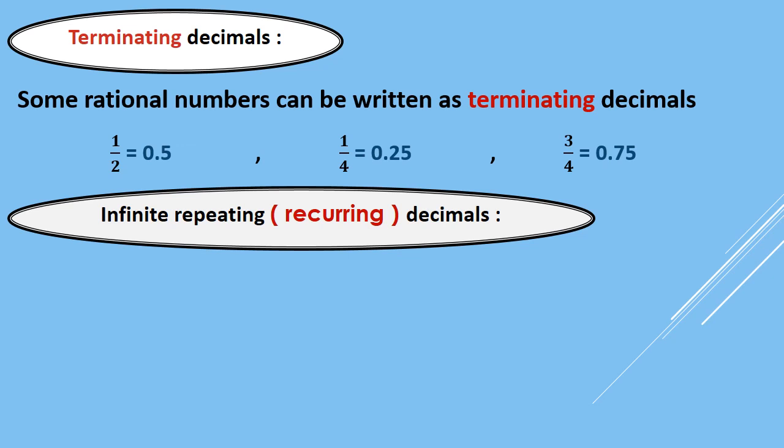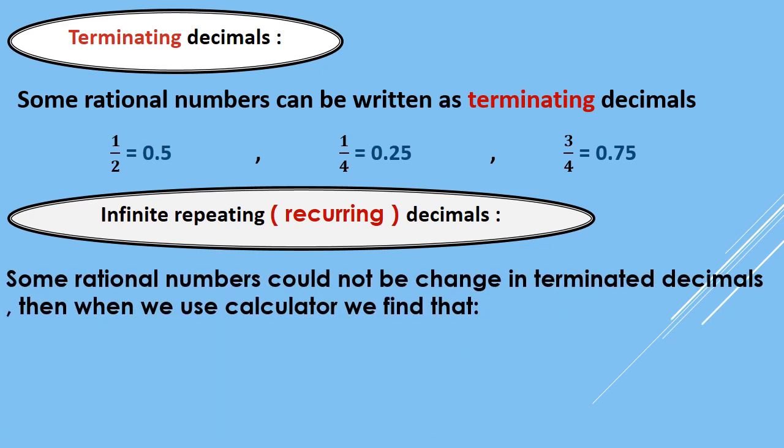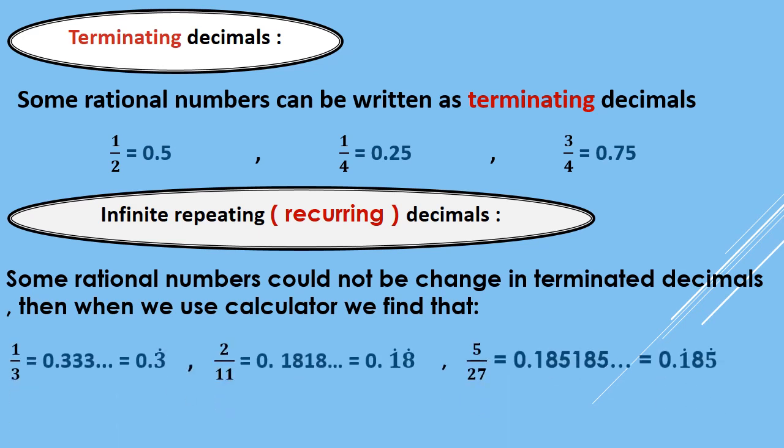And we have other numbers: infinite repeating or recurring decimals. Some rational numbers can't be changed into terminating decimals. When we use a calculator, we find that 1/3 equals 0.3333.